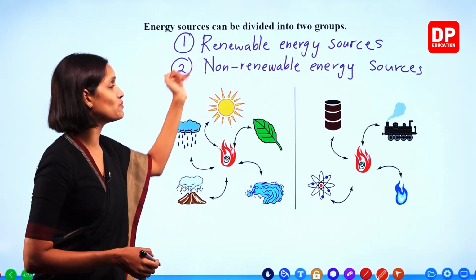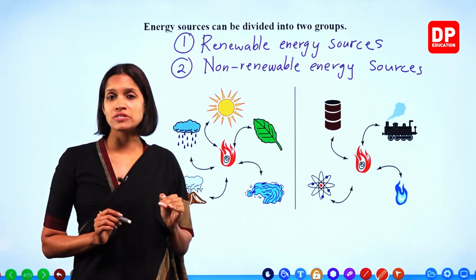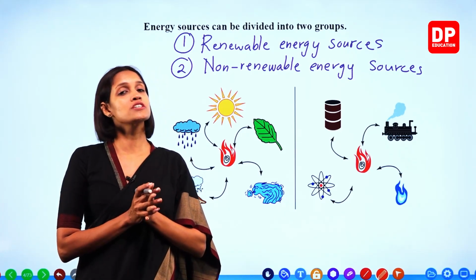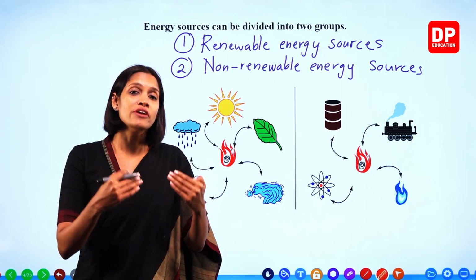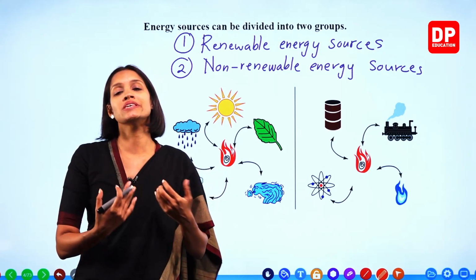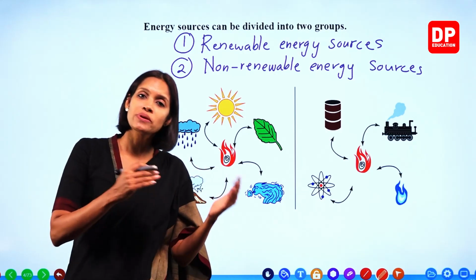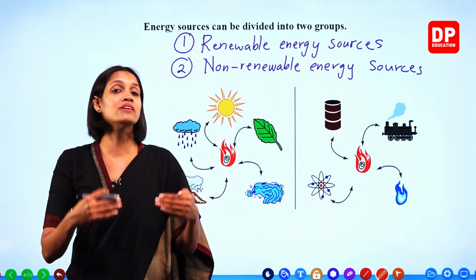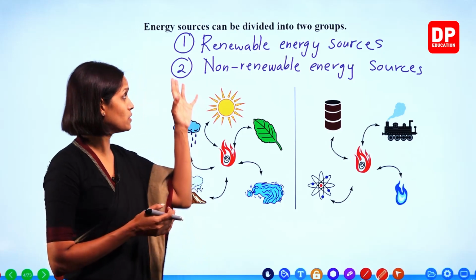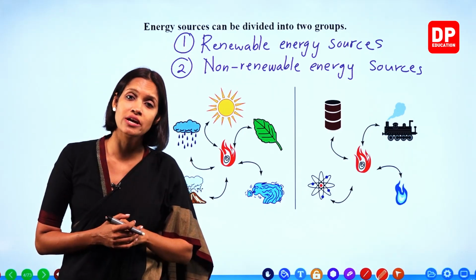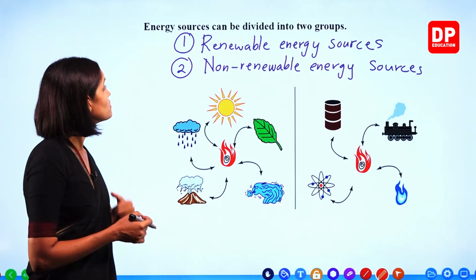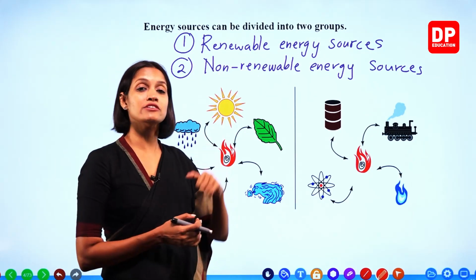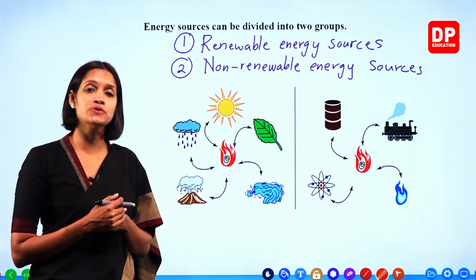So what are renewable energy sources? Remember children, renewable energy sources means the type of energy sources that always form while we are using them. Right? Or within a very short period of time, they reproduce again, which means they are always available. What is the meaning of non-renewable energy sources?